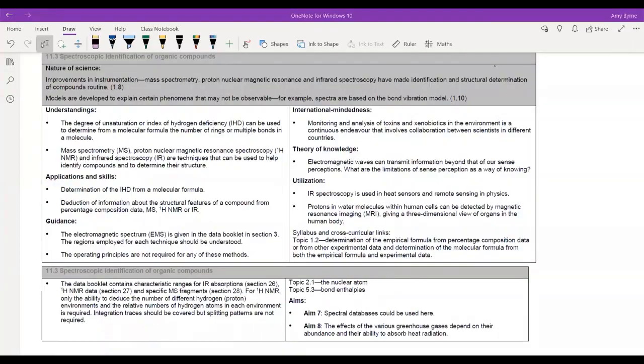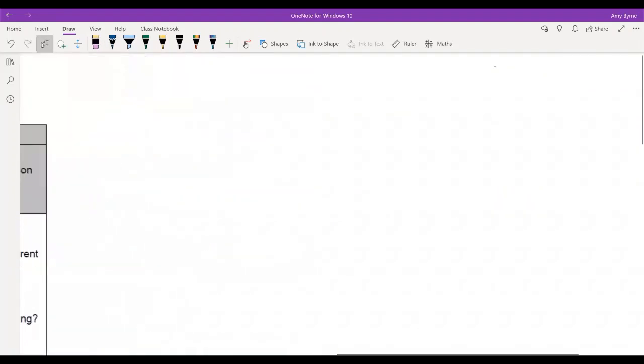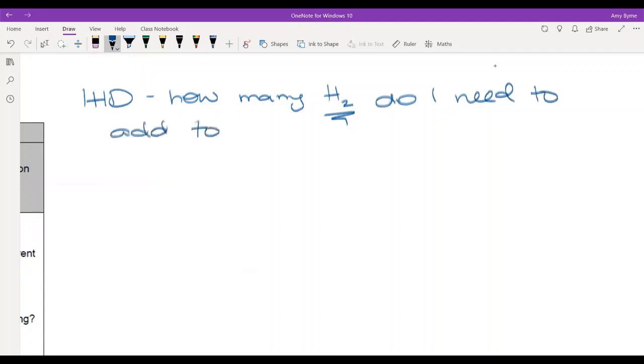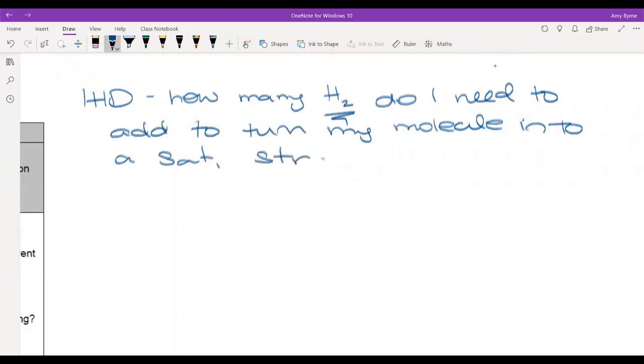Okay, so let's start with the easiest of these, which is our index of hydrogen deficiency. IHD is basically asking the question, how many hydrogen molecules do I need to add to turn my molecule into a saturated straight chain compound?